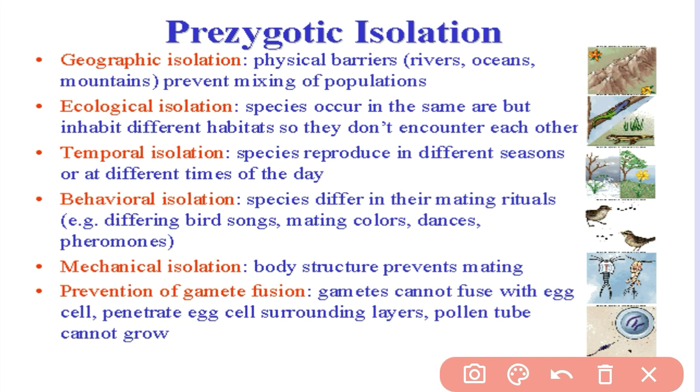Mechanical isolation: the body structures of the two different species prevent them from mating. And gamete fusion: gametes of different species cannot fuse with the egg of the female species. So this is about the pre-zygotic isolation.